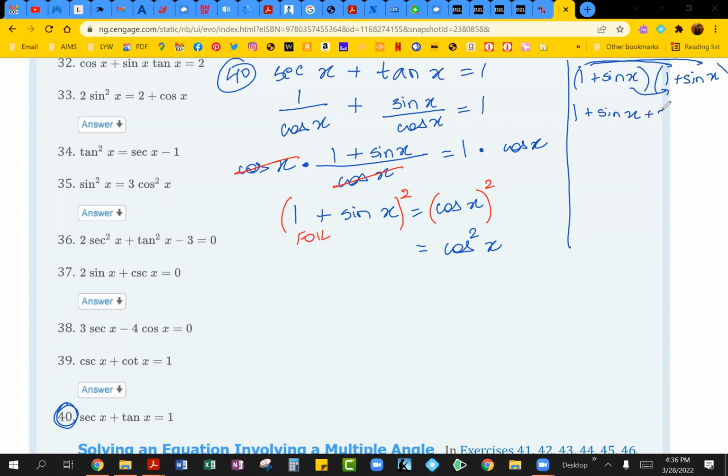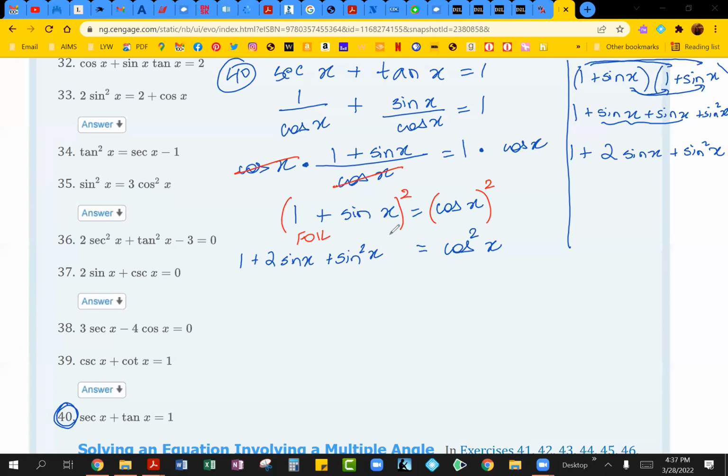Sine of x times 1. And then sine of x times sine of x. Combine those two middle terms, so 1 plus 2 times sine of x plus sine squared of x. And that's your left-hand side over here.